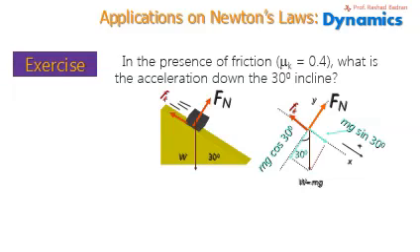Now we draw the free body diagram as before, where the weight is decomposed into two components, mg sine 30 and mg cosine 30, and the force of friction is opposite to the motion of the object.